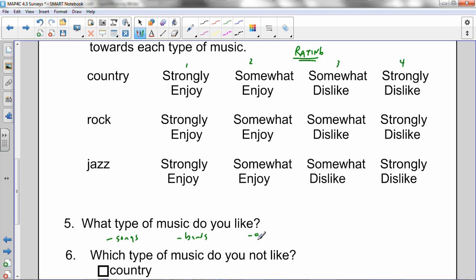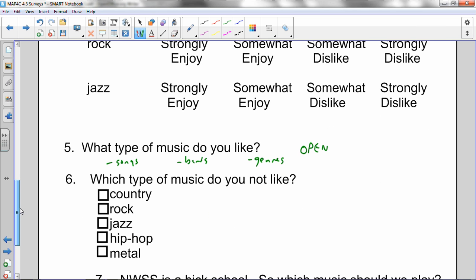Or you might get what you expect, probably, which is the genre of music, and you might get a mixture. And then you, as the surveyor, have to sort out all these people's cruddy answers, right? Whereas a checklist is very clear. So this type of question is an open question, and it's kind of hard to sort through everybody's answers.